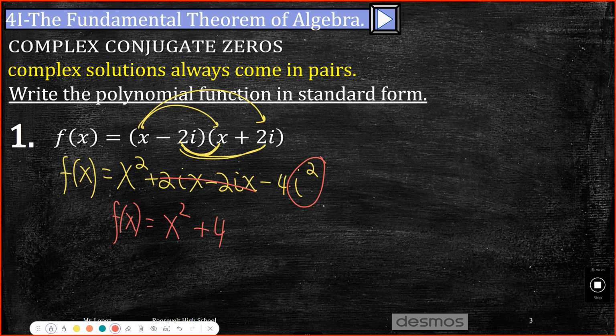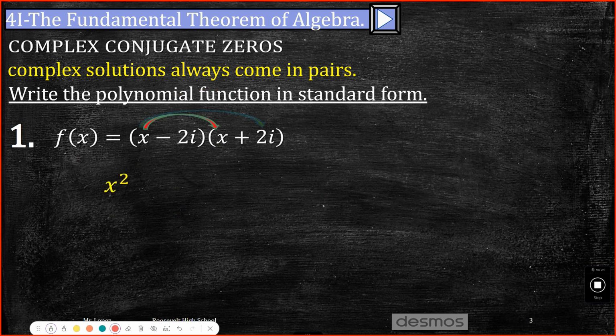Wait, i squared equals what? Negative 1. Negative 1 times negative 4 is positive 4.